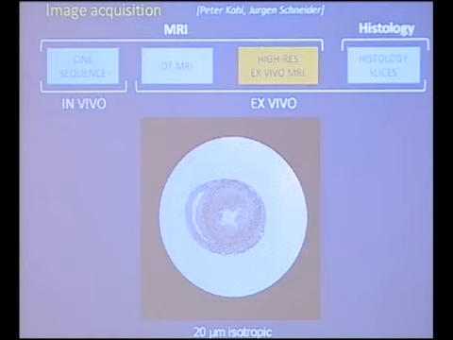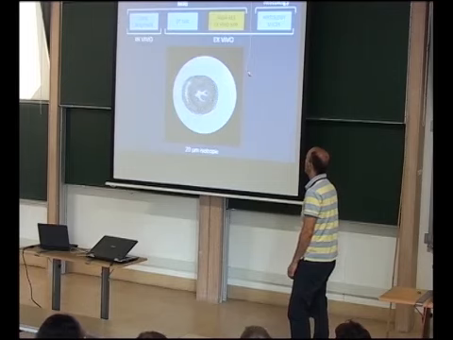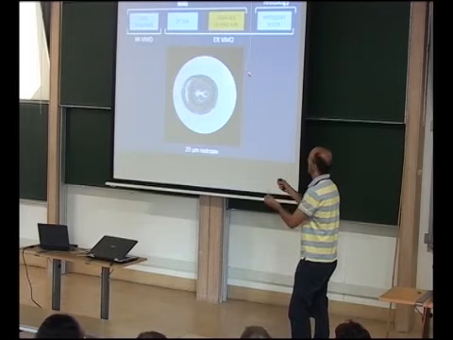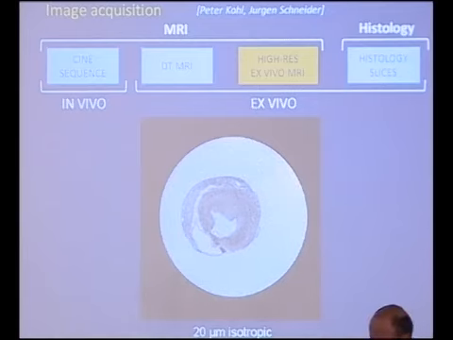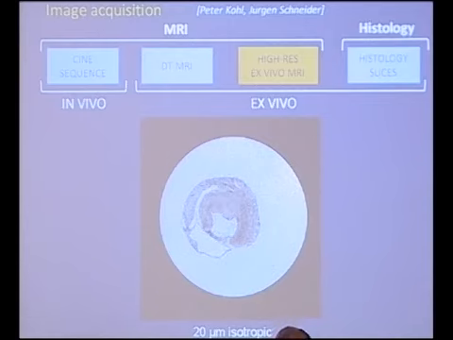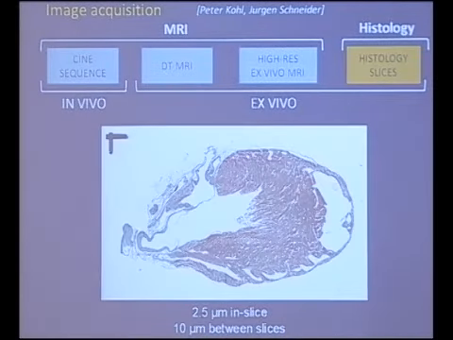Here we are acquiring high resolution ex vivo MRI images, and these are around 20 micron isotropic resolution. And here we can see all the small vessels. We can see endocardial trabeculations. We can see very well what is the aspect of the endocardial wall, and so on.